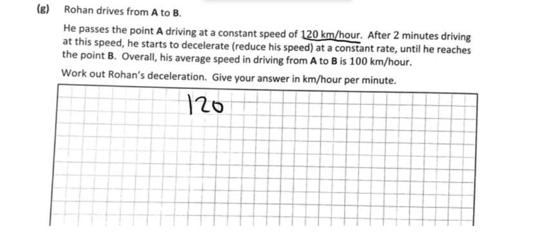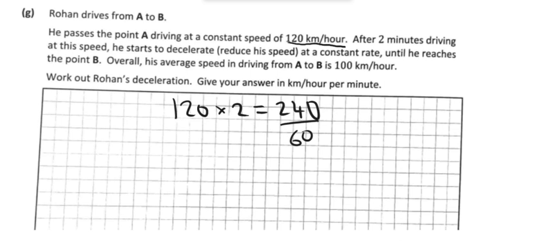So if you do 120 times 2, that's 240, and then divide by 60. We're dividing by 60 to turn it into kilometers. So we get 4 kilometers.